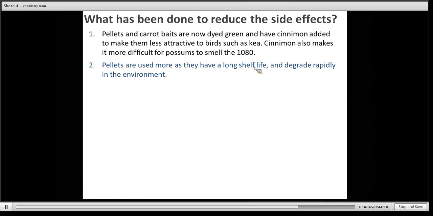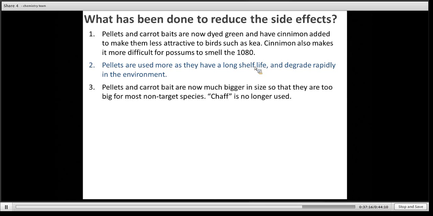As I say, pellets tend to be used now rather than carrots, and they also have a longer shelf life, and also when they get in the environment and when they get wet, so say they've been done in an aerial drop, they're not under a shelter, then it washes out easily from the cereal bait, and so won't hang around in the environment for very long at all if it's done through an aerial drop.